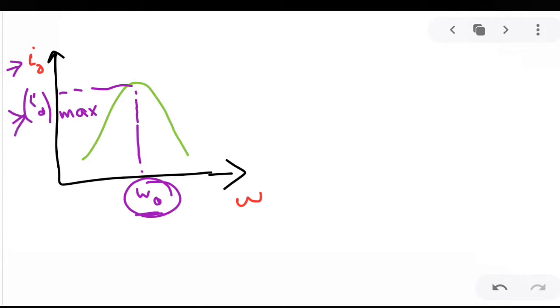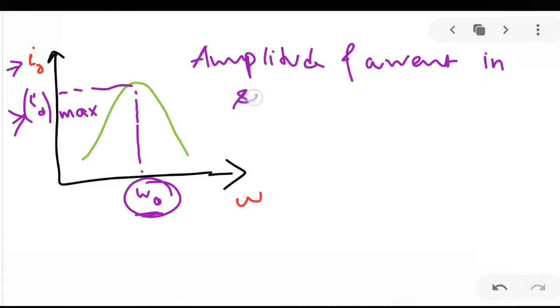It is I naught max. Now, in general, the amplitude of current in series LCR circuit, we have already derived those expressions.